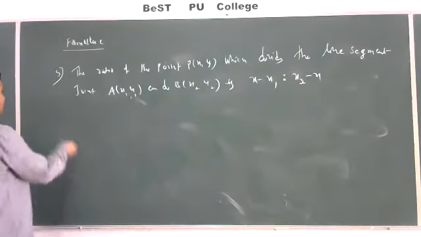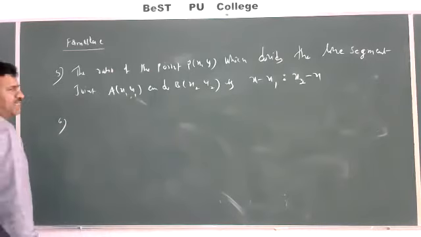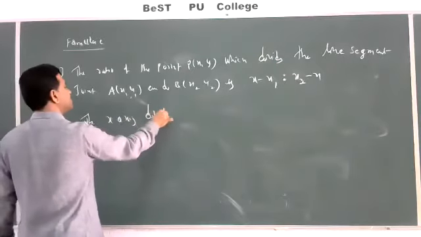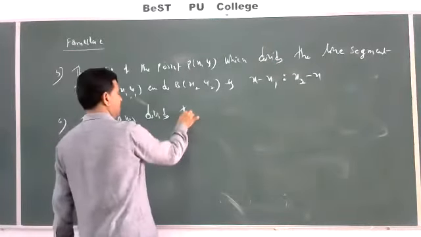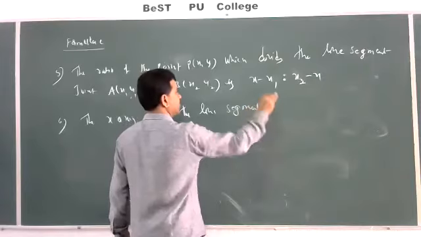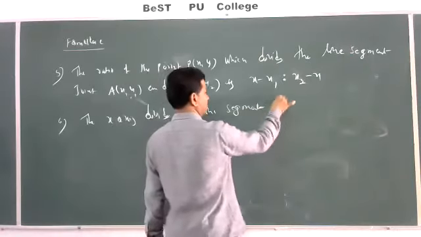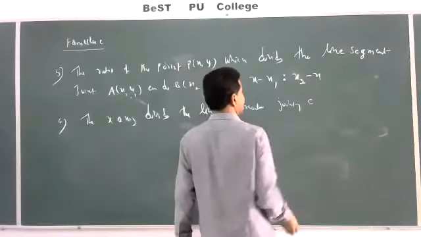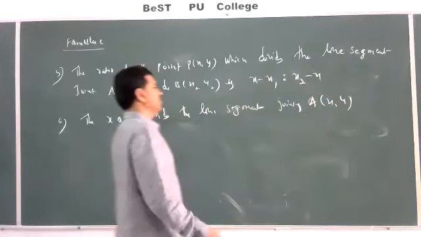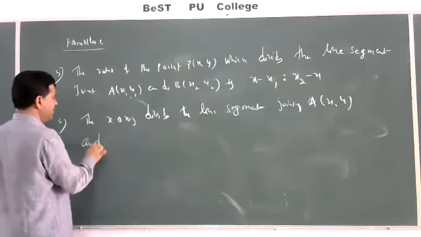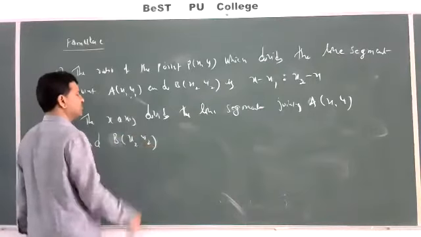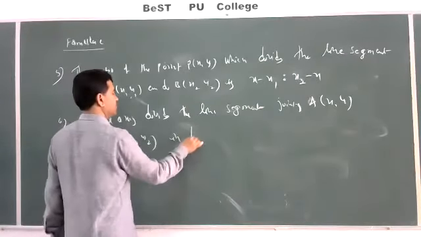Next, sixth one. The x-axis divides the line segment joining A(x1, y1) and B(x2, y2) in the ratio, what is that ratio?